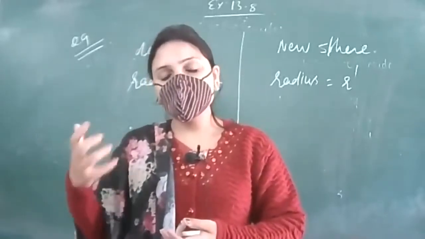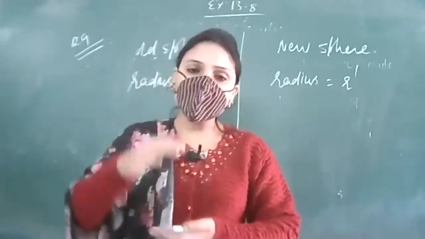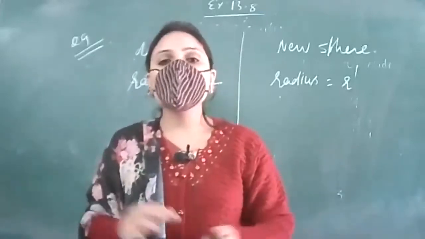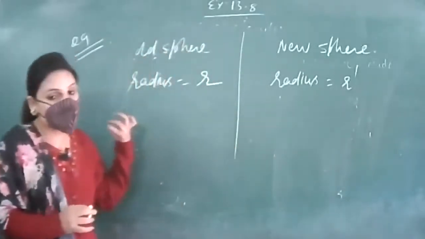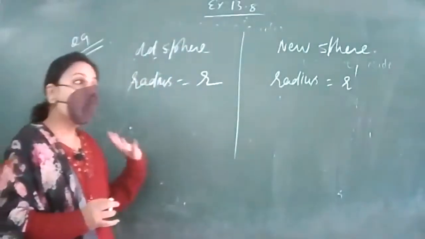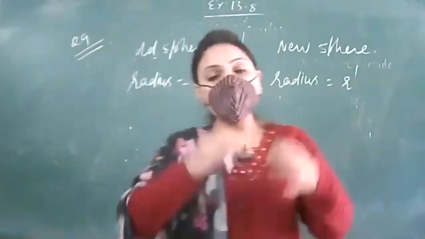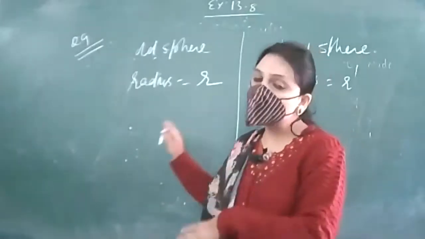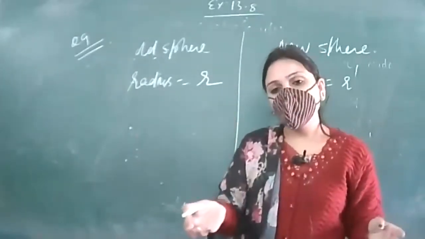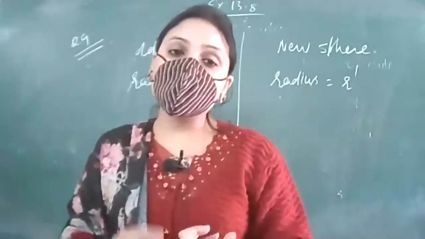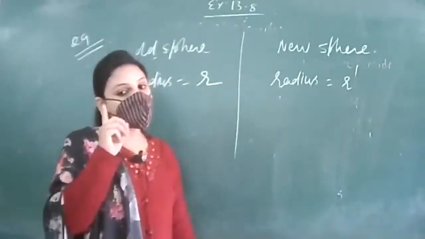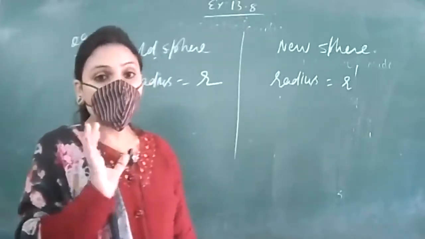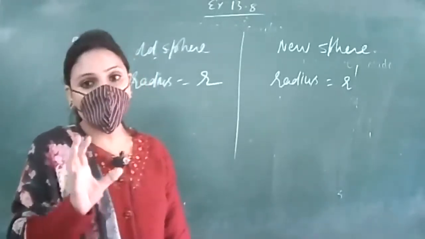That means volume of that jug is equal to the volume of the 6 glasses. Same here. If 27 spheres are melted to form a bigger sphere, then volume of those 27 spheres will be equal to the volume of one single sphere. This is a concept behind which is working in this question.